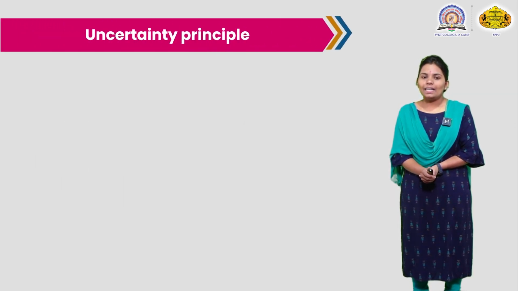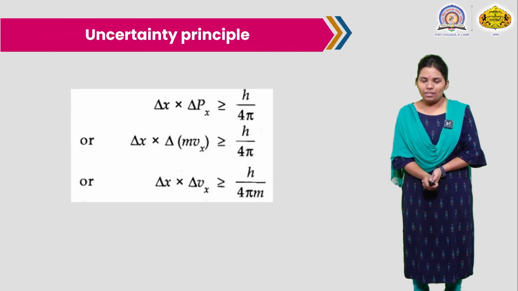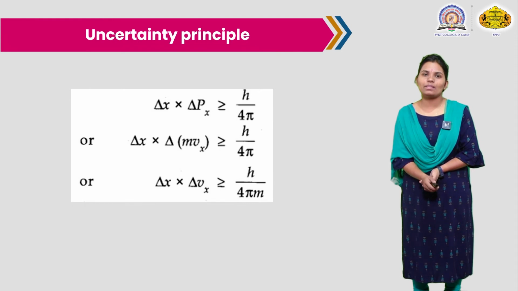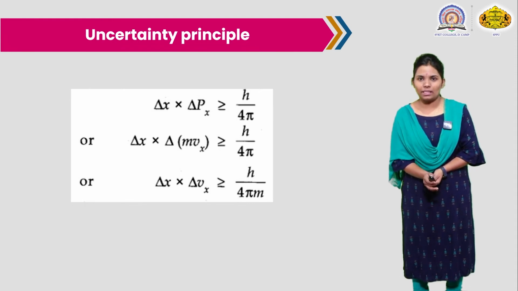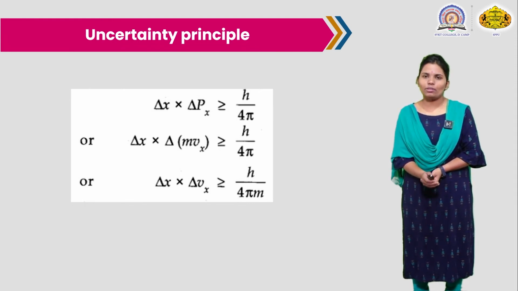That is, delta x into delta p is greater than or equal to h upon 4 pi. Delta x represents the position of the particle, delta p represents the momentum of that particle. The particle can be the electron or the proton.